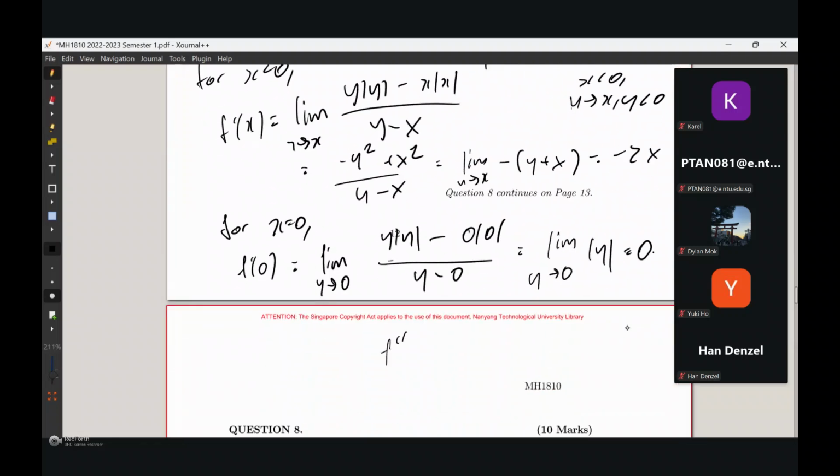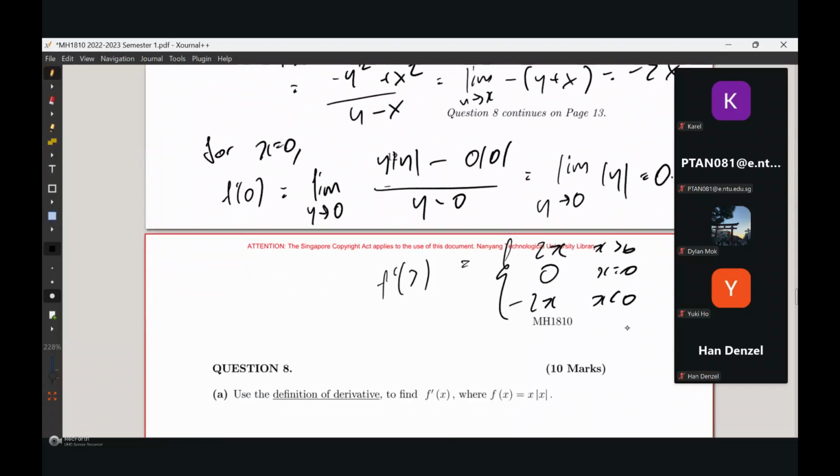So here, f prime x is equal to 3 different values: 2x, negative 2x, and 0, if x more than 0, x equals 0, x less than 0. So you can actually combine them to be 2 times x absolute value, written as this.